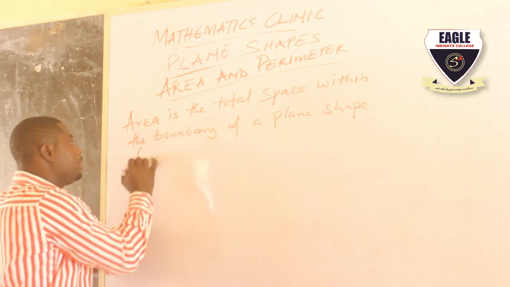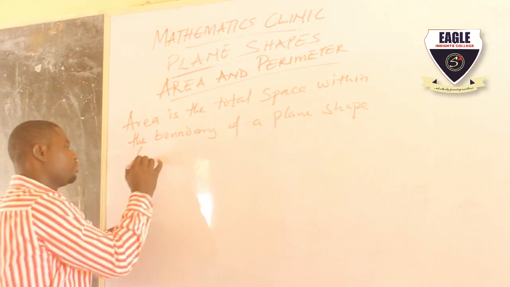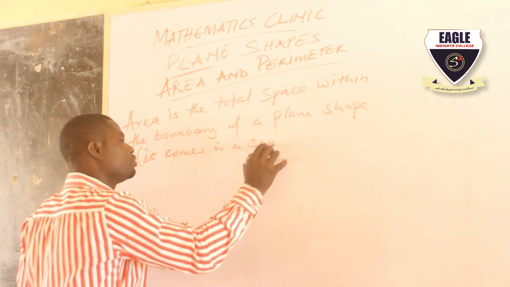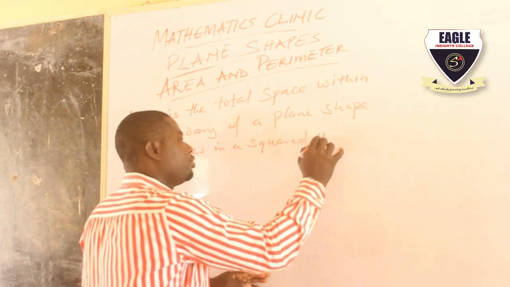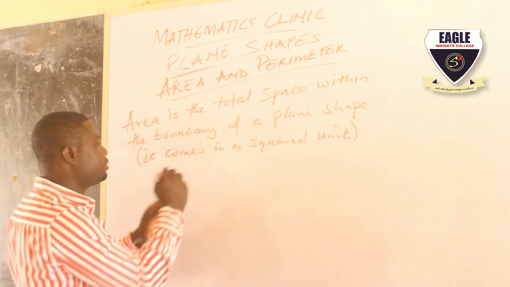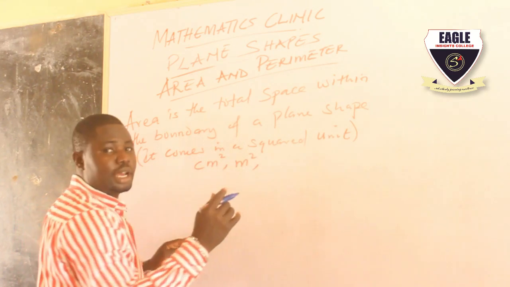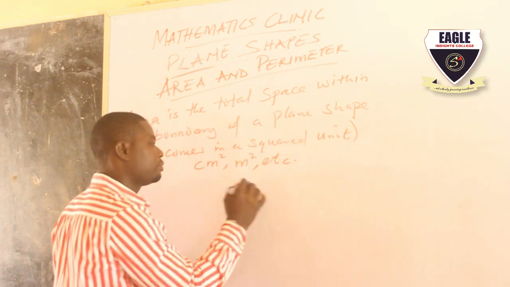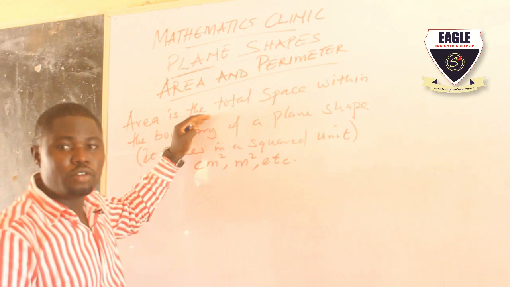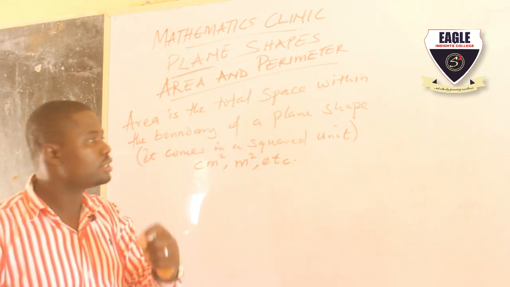Note that your area will always come in a squared unit. That means if we are calculating in centimeter, it comes as centimeter squared, meter squared, and so on. That talks about the area of a plane shape, usually in a squared unit.